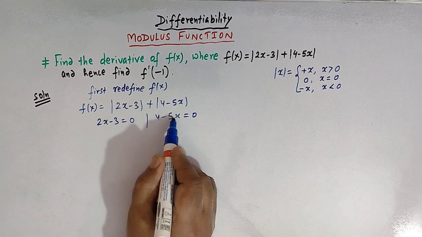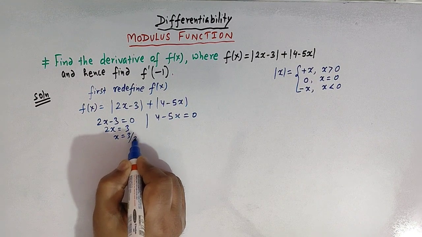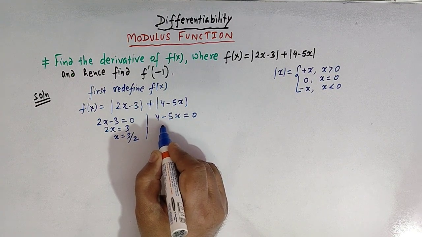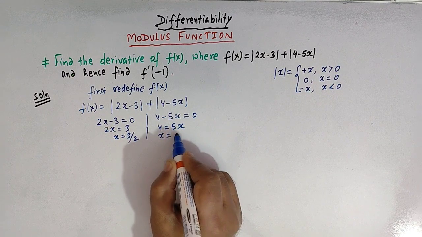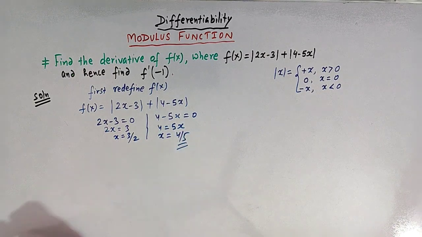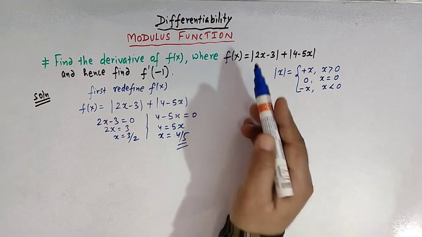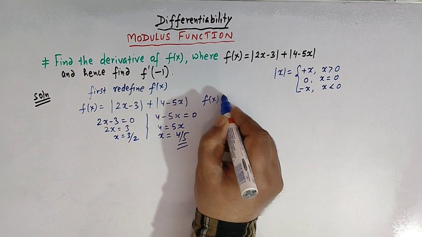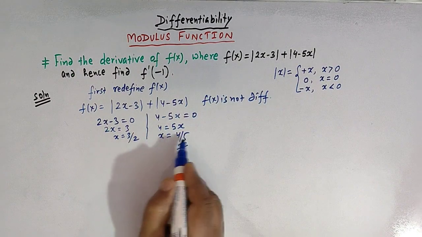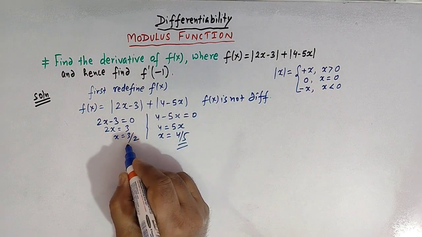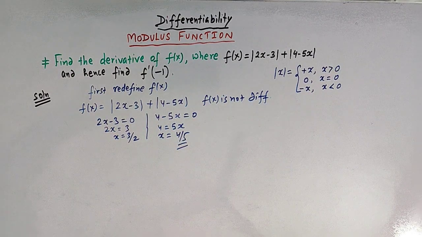When we solve these two equations, we get 2x = 3, so x = 3/2, and 4 = 5x, so x = 4/5. So first of all, we conclude that f(x) is not differentiable at x = 3/2 and x = 4/5.